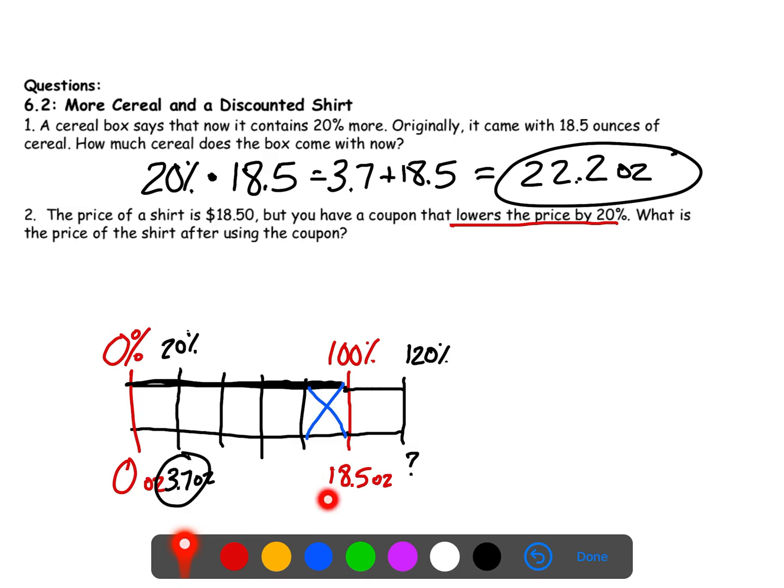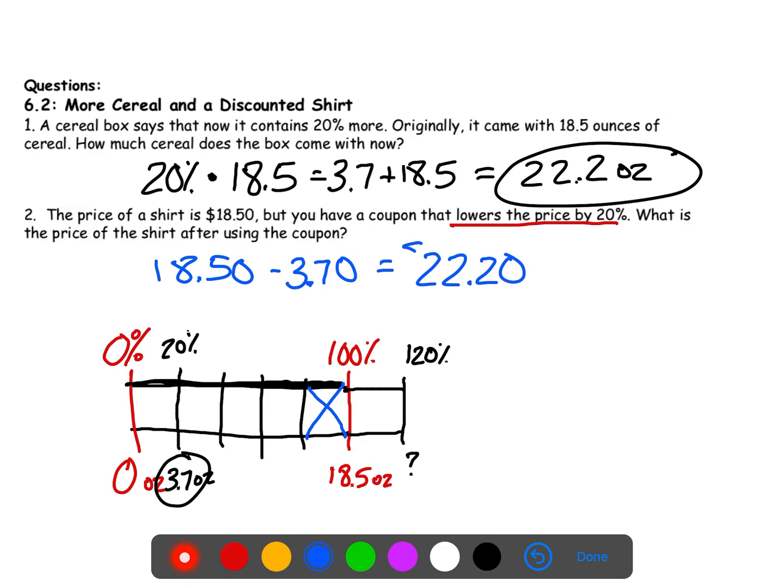So if the whole price is $18.50 and we take away 20% of that, or $3.70, we could just take our shirt's cost and remove the 20%. Remember that 0.7 is actually 70 cents, not 7 cents. And what's going to be left is the same amount, but this is a, oops, sorry, no, it's not.